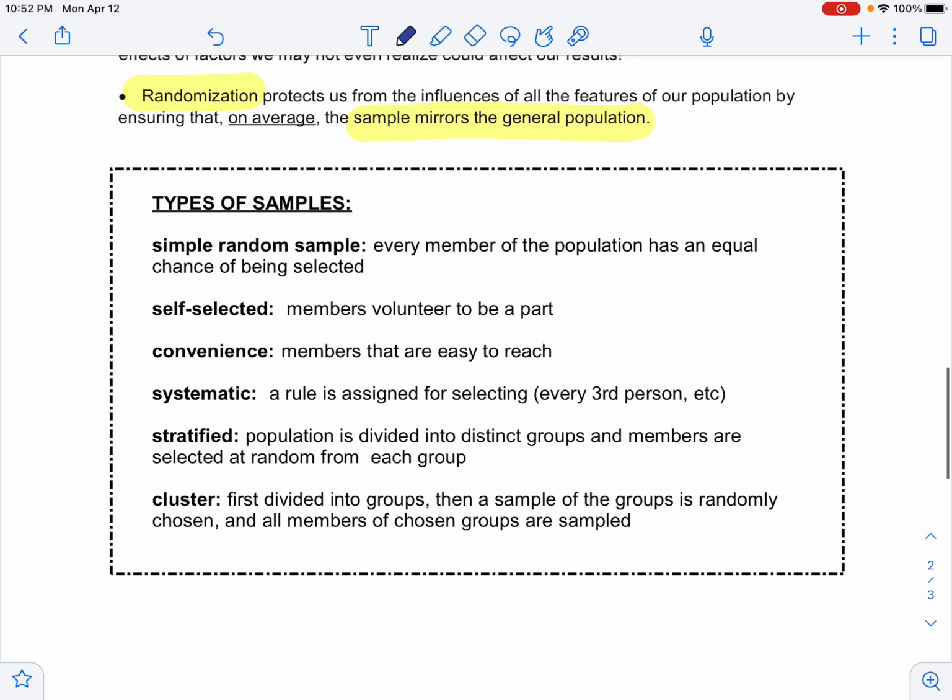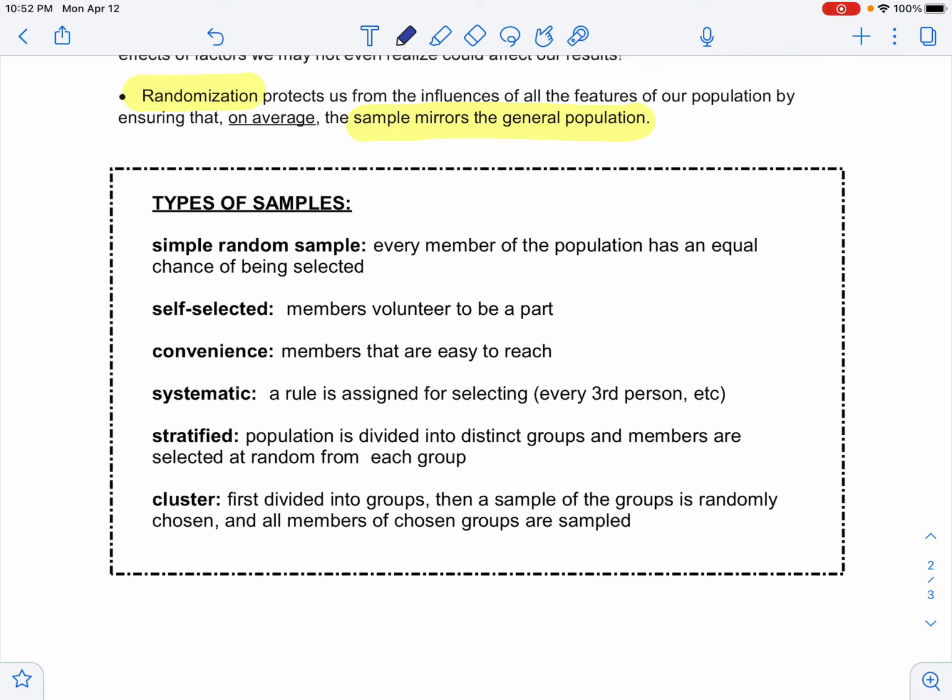So let's go over some of the types of these sampling methods. The first one is a simple random sample. A simple random sample is where every member of the population has an equal chance of being selected. So let's say that my population, I want to do a study on people in the United States of America, right?